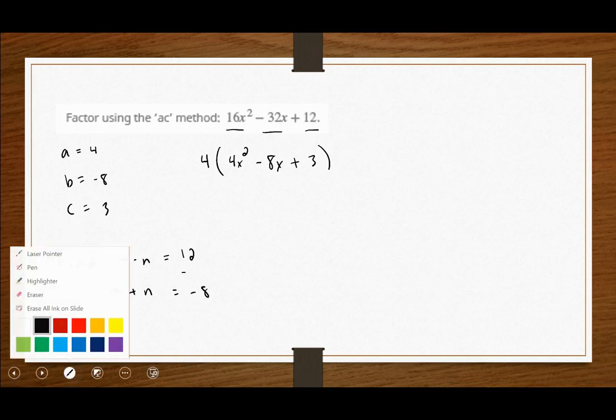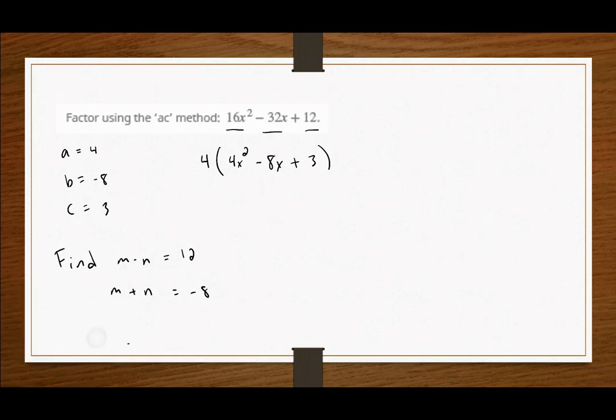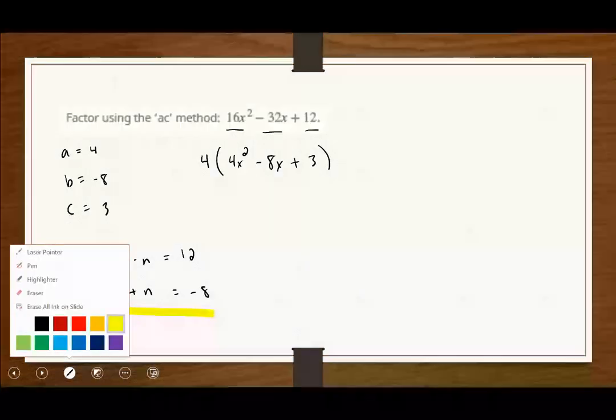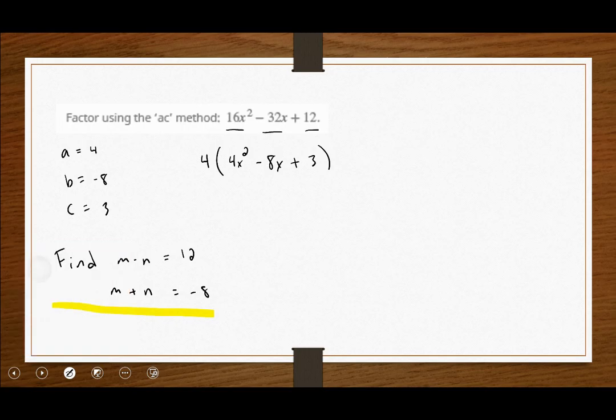Thinking again about the different factors of 12 that would add up to be negative, I have to understand that the two values are going to end up with the same sign, so that they'll multiply to be positive but add to be negative. In this case, the two factors I'm interested in are n equals -2, m equals -6. The product gives me that +12, and the sum gives me -8.